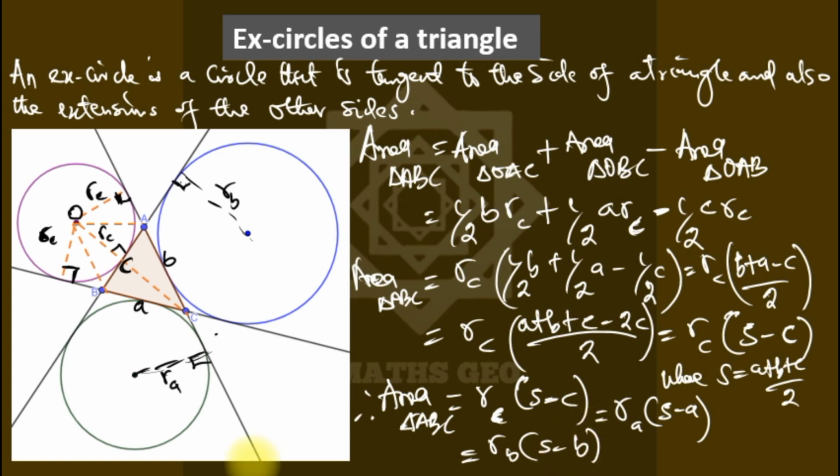So that's the formula for the area of a triangle given the radius of the excircle.